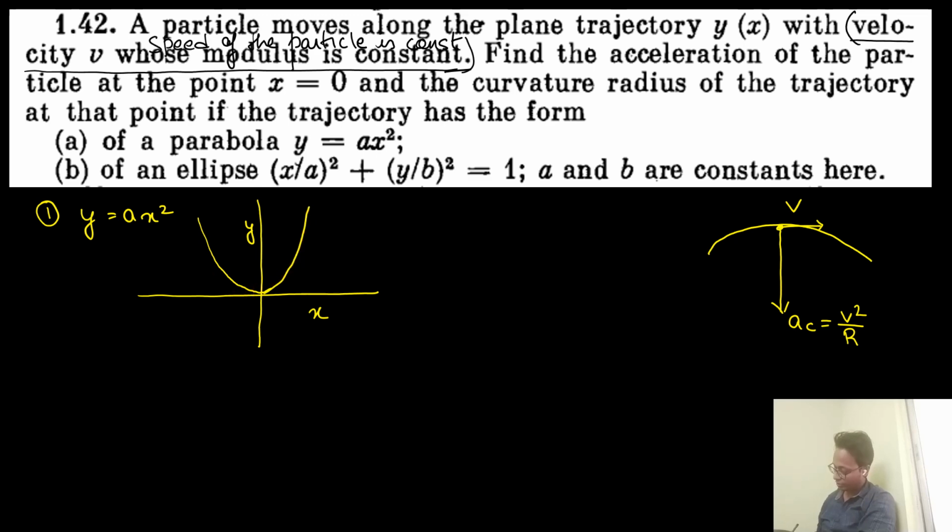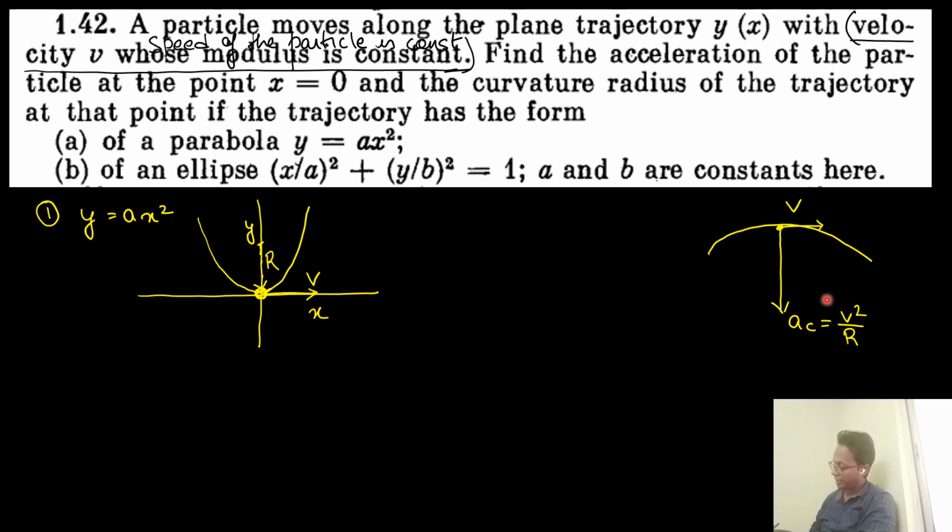The question is asking, when the particle was at x is equal to 0, with this velocity v, what is the radius of curvature?